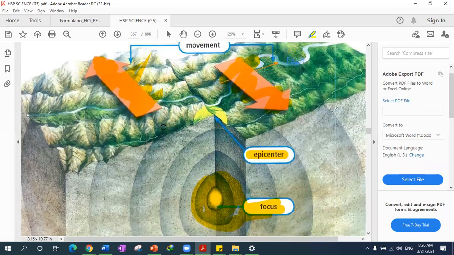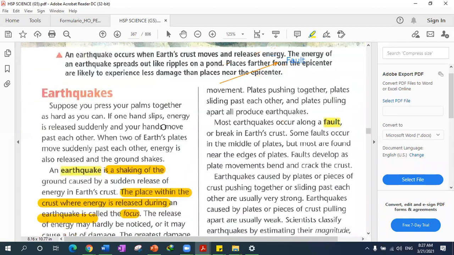How are earthquakes made? They are made when two plates move suddenly. They can move past each other, sliding past each other, or move toward each other and hit each other. This will cause an earthquake.